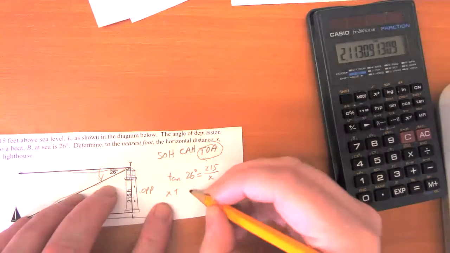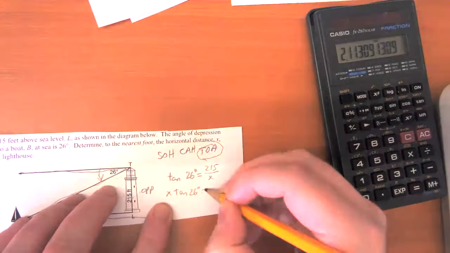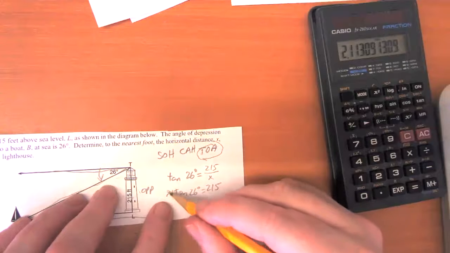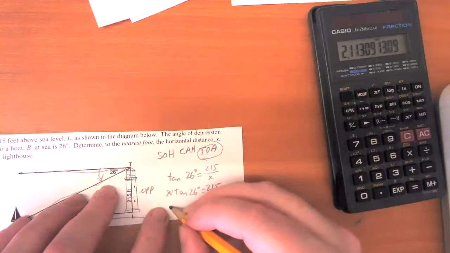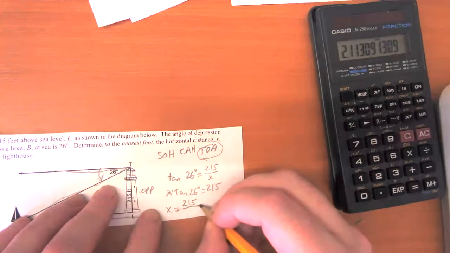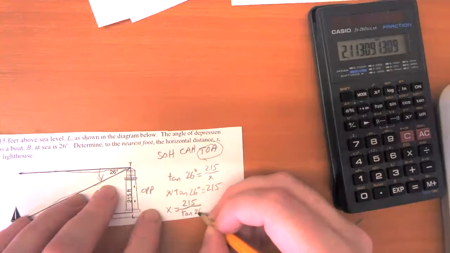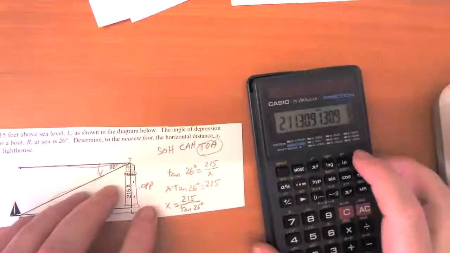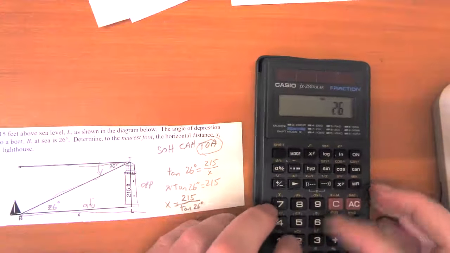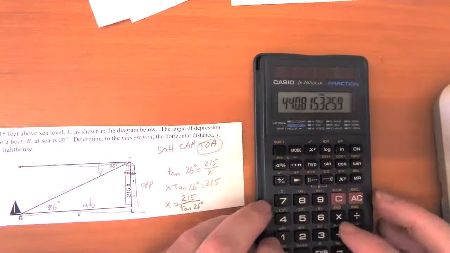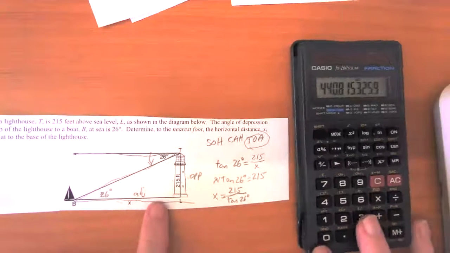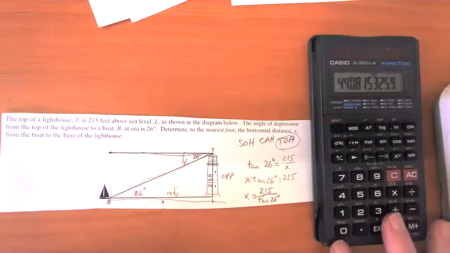So I've got x times tangent of 26 degrees is equal to 215. And now to get x by itself on this side of the equation, I need to divide both sides by the tangent of 26 degrees. So x is equal to 215 divided by the tangent of 26 degrees. 215 divided by 26 tangent is equal to... So what is the answer to the question that they want me to give for this problem?